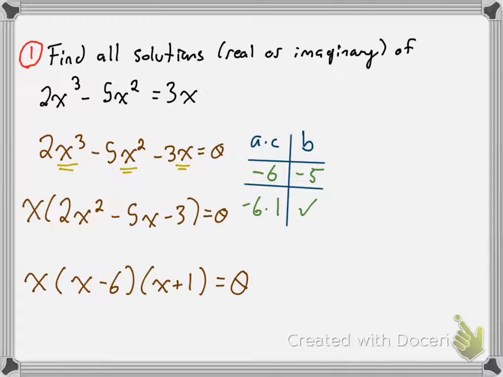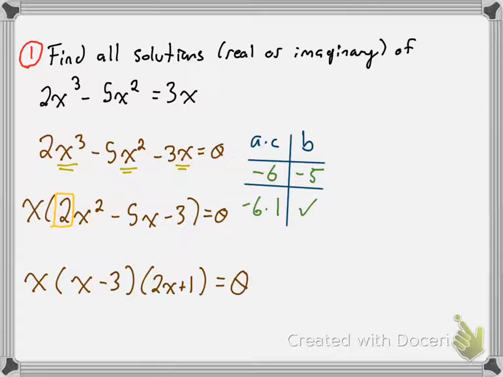I'm going to rewrite my equation with my factors, and then my last step for this is going to be to divide by my a value, especially since my a value is greater than 1, I need to do this. I'm going to divide the 6 by 2, that's going to go evenly and make that 3. Since the 1 doesn't divide evenly into 2, that 2 is going to carry over and go next to the x, so my equation will look like this: x times (x minus 3) times (2x plus 1) equals 0.